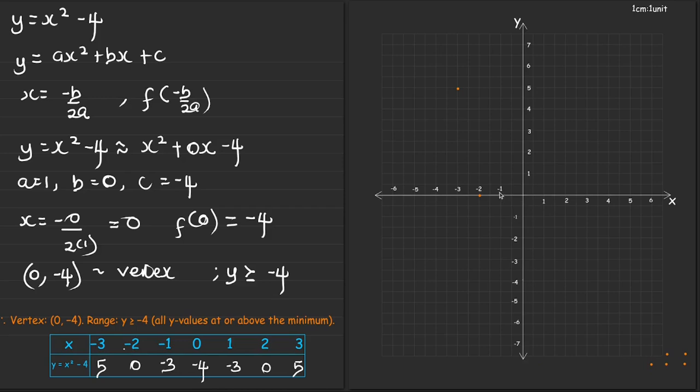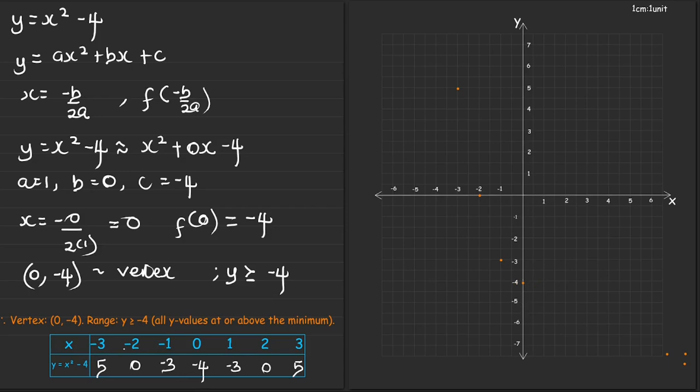So x equals negative 1 will come down to y being negative 3, and that is this point here. So I'm bringing my point right here. Negative 1, negative 3. You see? Then the next one says 0, negative 4. So at x equals 0, y equals negative 4. So we bring that point as well over there.